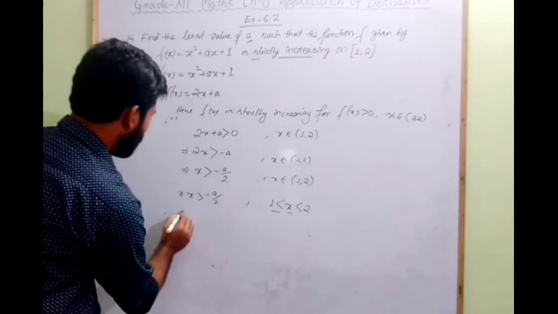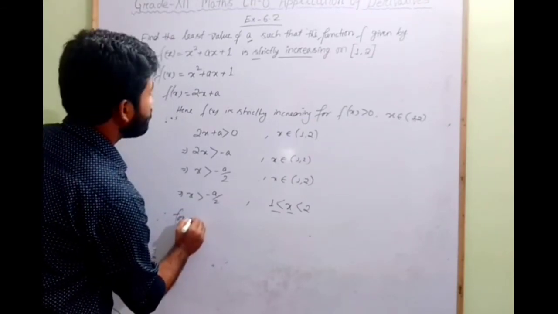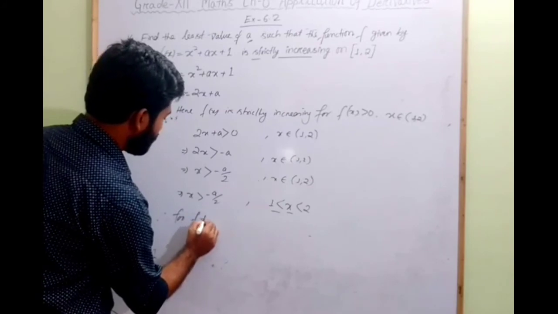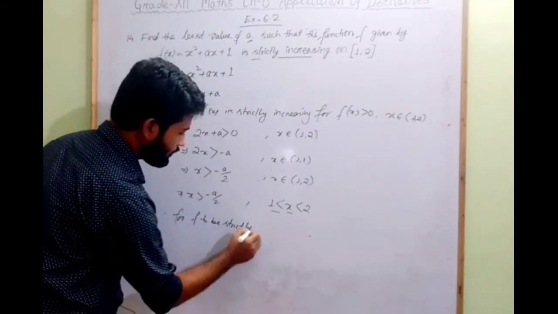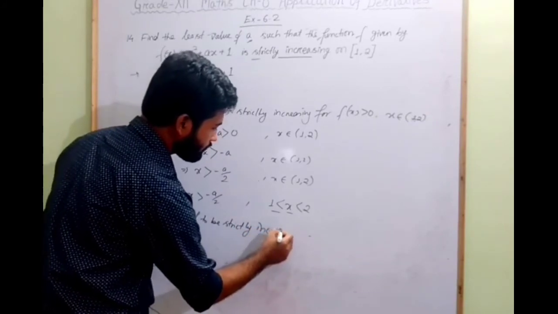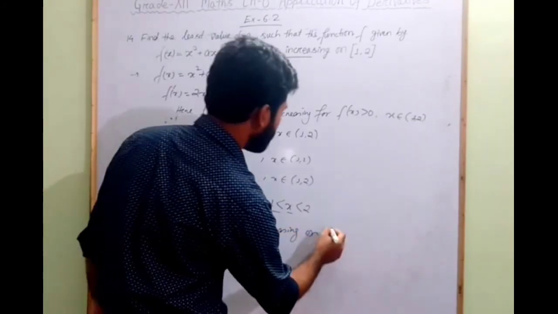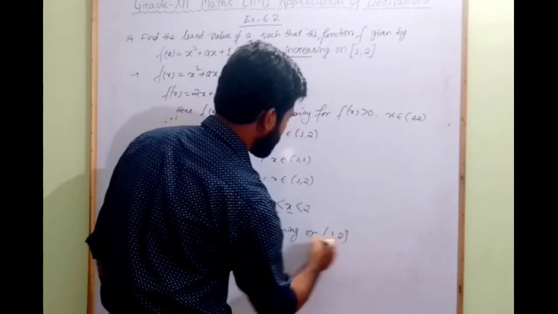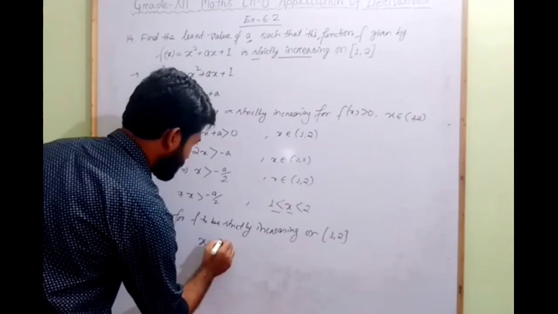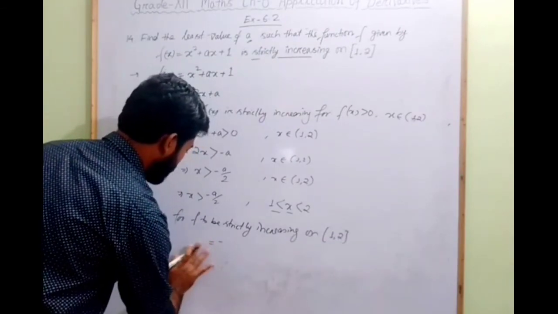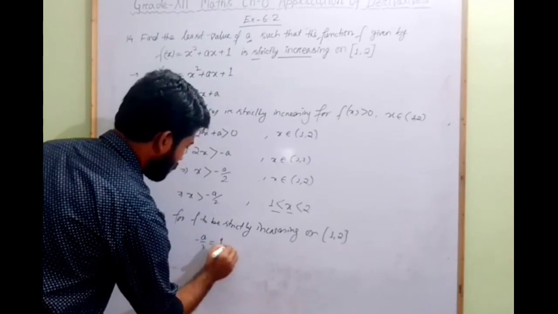Therefore for f to be strictly increasing on the interval, which interval? Closed interval [1, 2], minus a by 2 must be equal to 1.